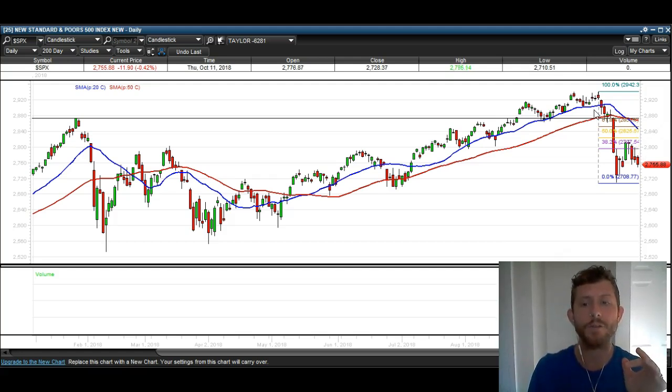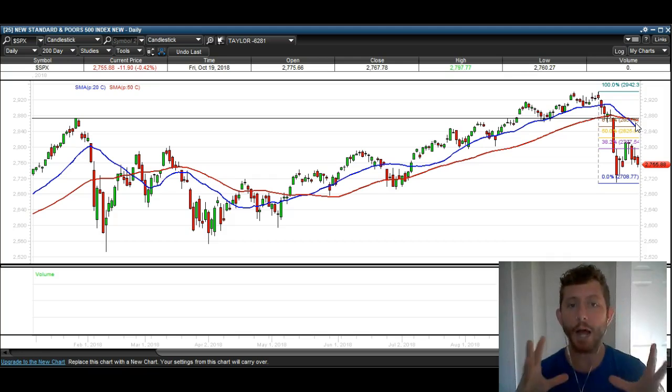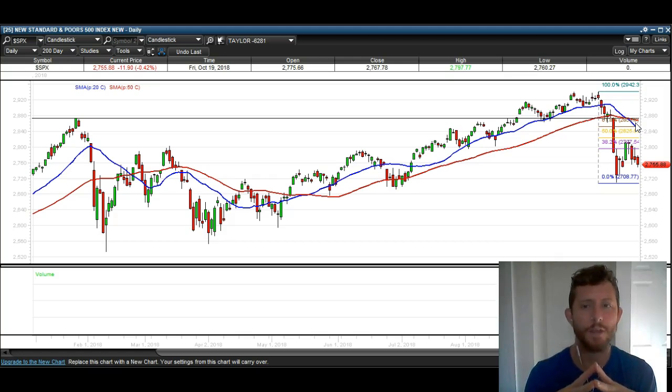If we head higher, to me, that is a short zone up at 2880 if you're looking at the S&P 500. And I'm not saying that this is going to be the top for the market or anything like that. That's looking way too far ahead.